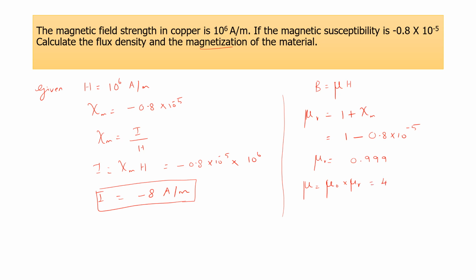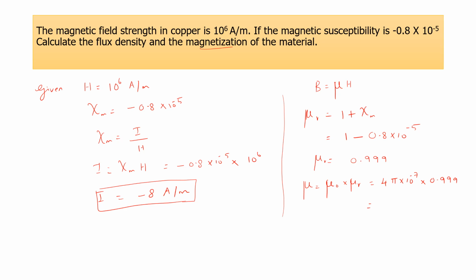So mu naught is 4 pi into 10 power minus 7. Mu r just now I have calculated as 0.999. Okay, so I will get some value, which I don't substitute in detail.